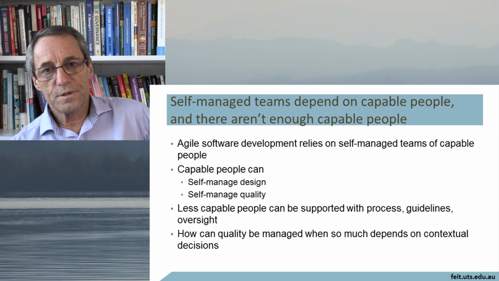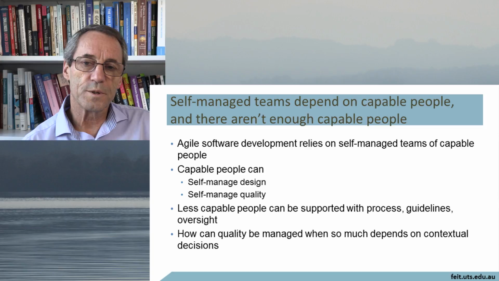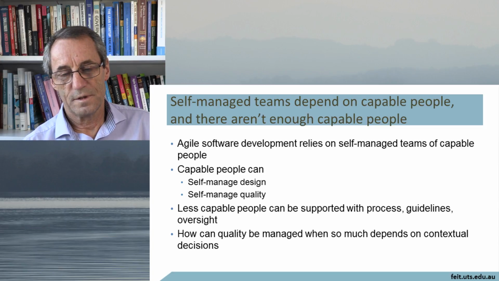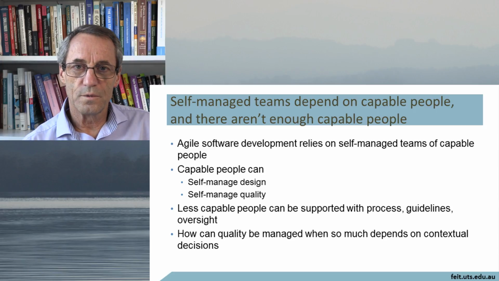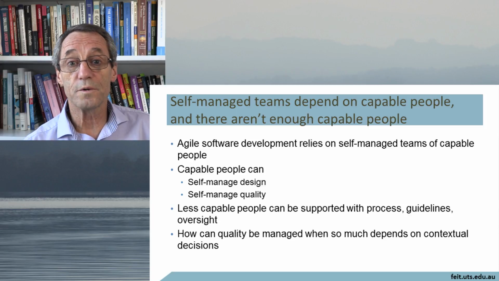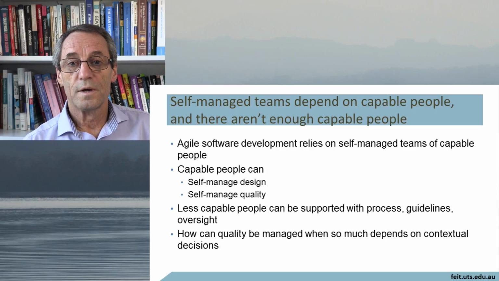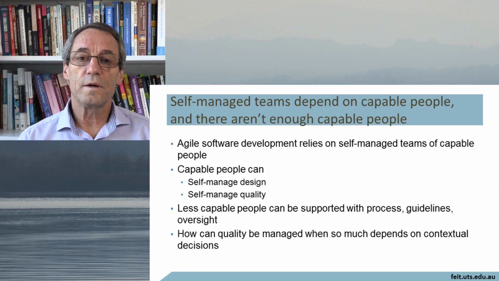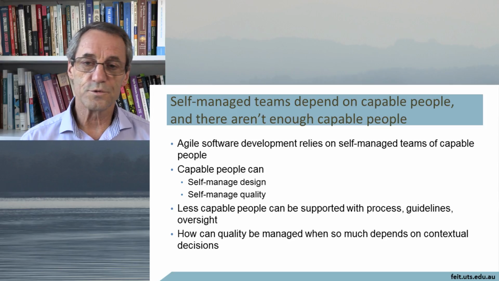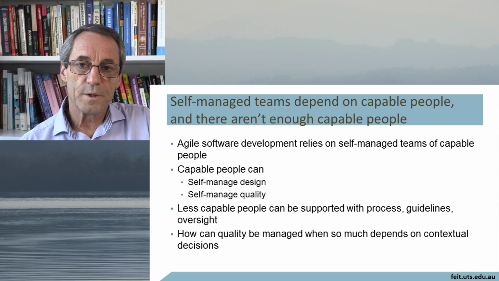Well, Agile software development relies on self-managed teams, and these self-managed teams do rely on having capable people. Capable people know how to manage the design. They know when it's going right, they know when it's going wrong. They're very experienced people, and they've seen a lot of these things before, and they can apply appropriate amounts of quality management at the time. They know when to loosen it off and when to tighten it up. So they can self-manage the design, and they can self-manage the quality.